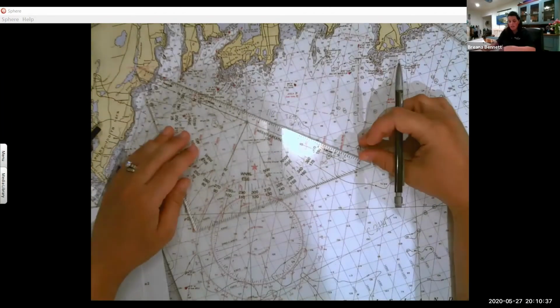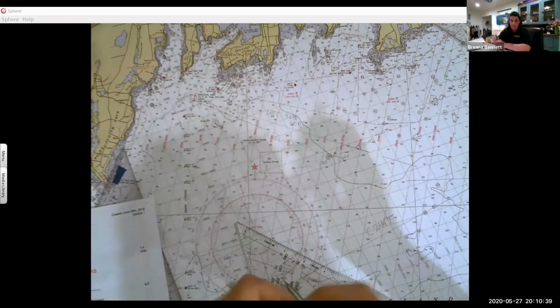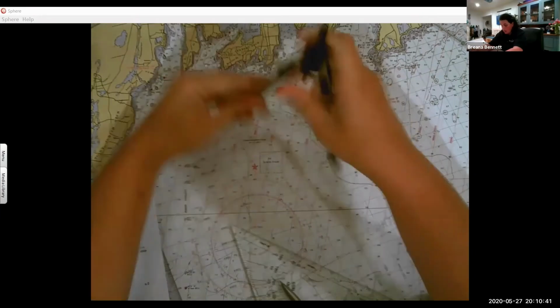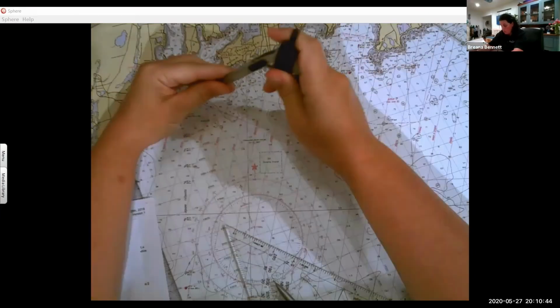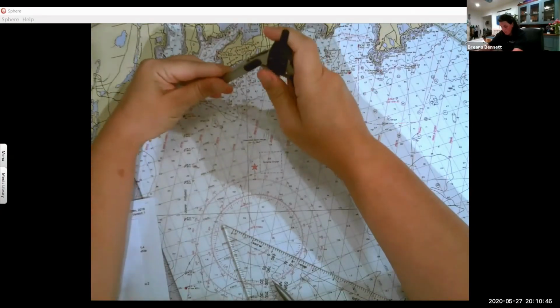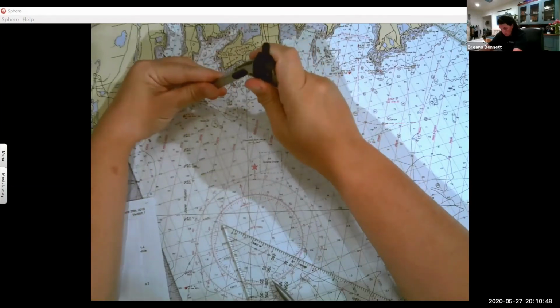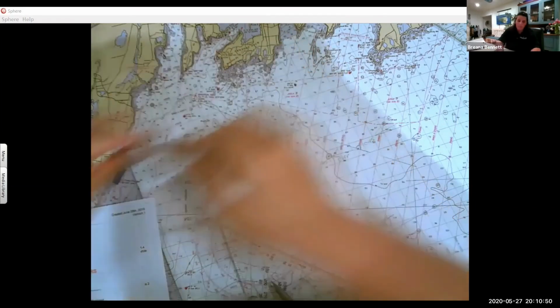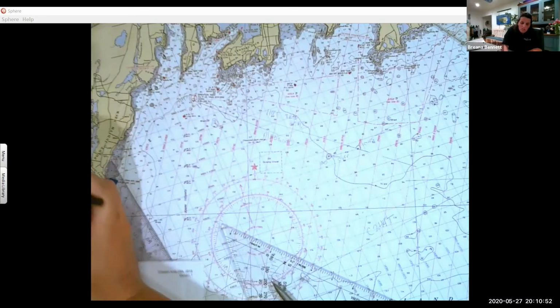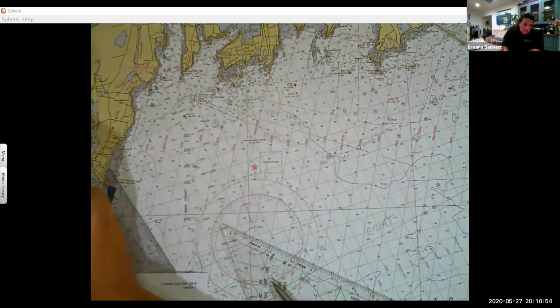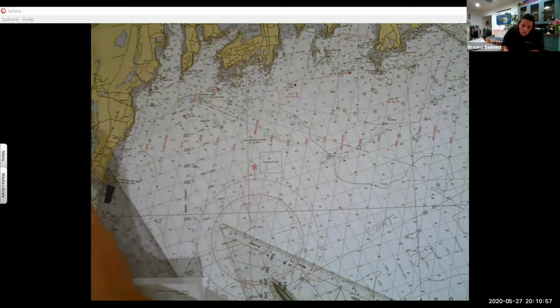And then I measure the distance of this leg, and it's in an hour, so your distance is equal to speed. I got exact.